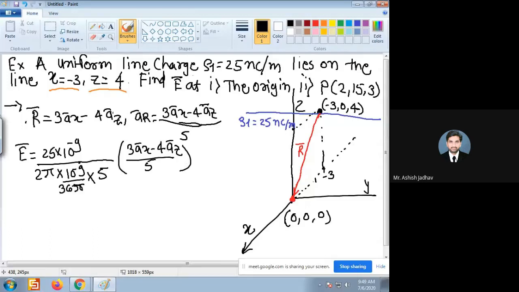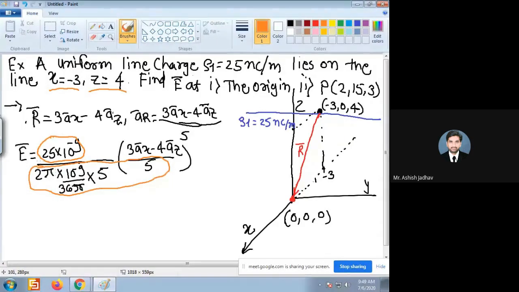Right? So can you calculate this by using a calculator? You can calculate this first, and finally you can get this divided by your answer. Right?